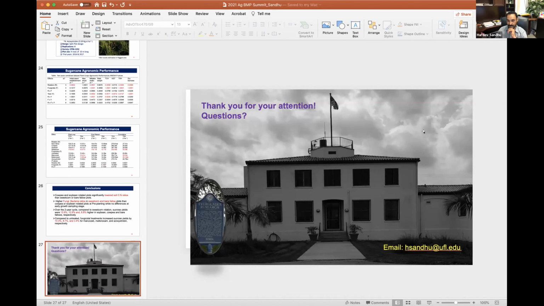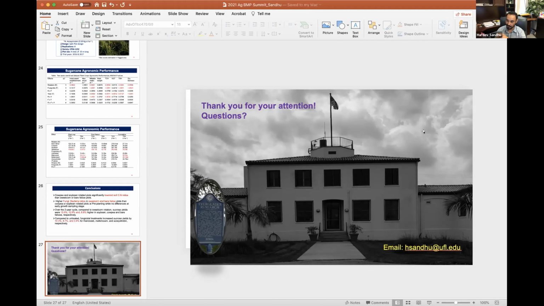It's our new project from DOE, and that's what we are going to look at starting this year for the next 5 years. We are going to look at mixed cropping in our sugarcane and corn production system.